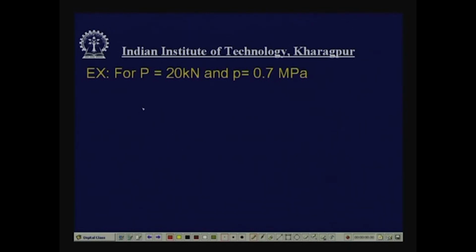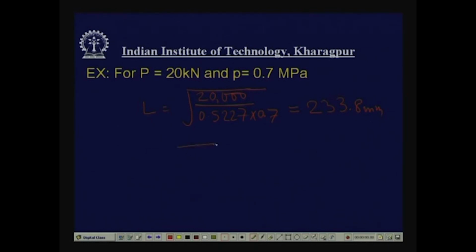So for this P, L will be calculated as square root of 20,000 divided by 0.5227 into 0.7. This gives us 233.8 millimeters.